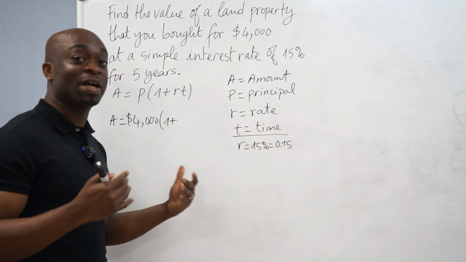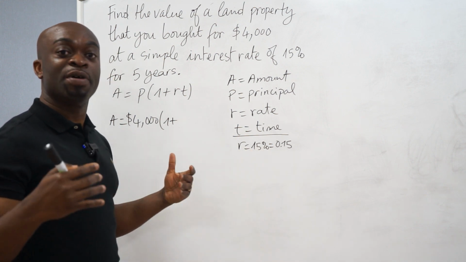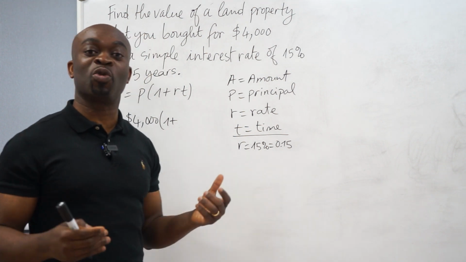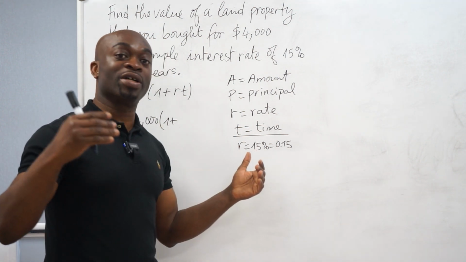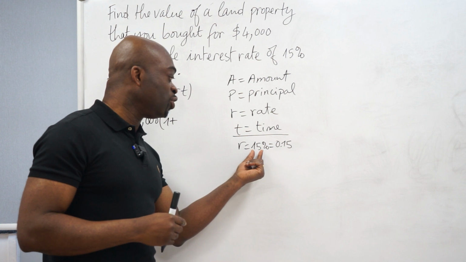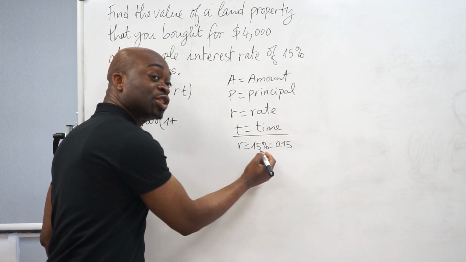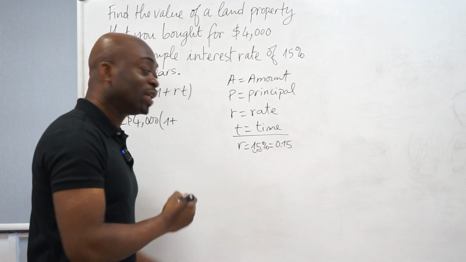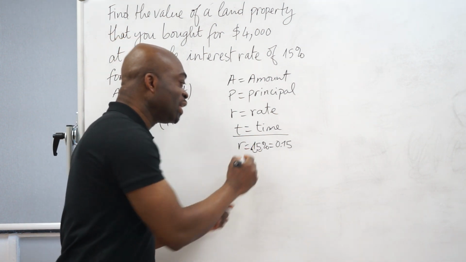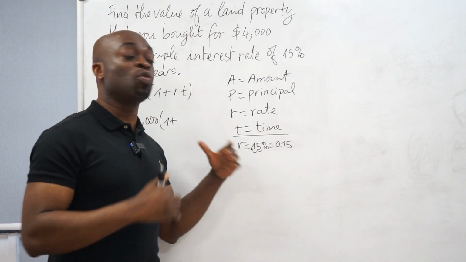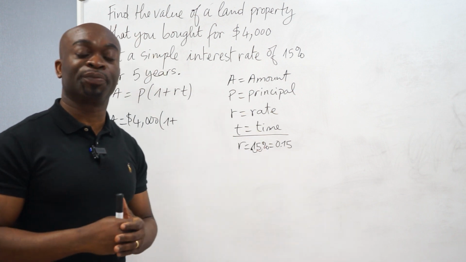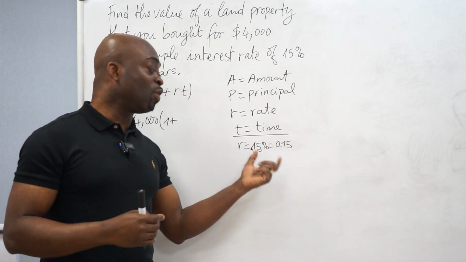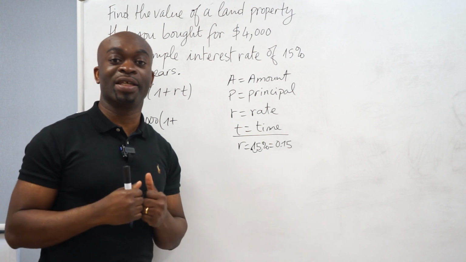So 15 divided by 100 is 0.15. But for those who want to do it quickly, because it's per cent, you can move the decimal place twice to the left. This is a whole number, so you move the decimal point twice to the left. We're going to have a lot of reminders when it comes to how we deal with decimals and things like that as well.